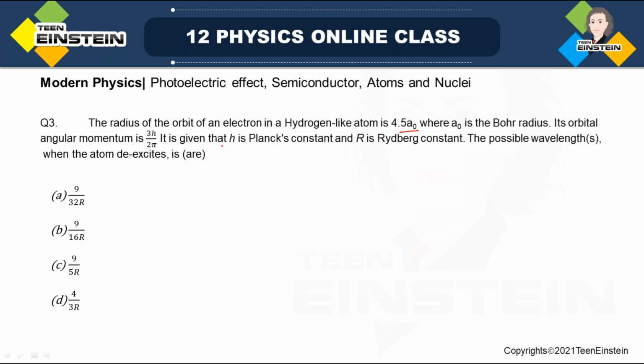It is given as 3h by 2 pi, where h is the Planck constant and R is the Rydberg constant. Now, what are the possible wavelengths when the atom de-excites? So you have to find out the possible wavelengths.